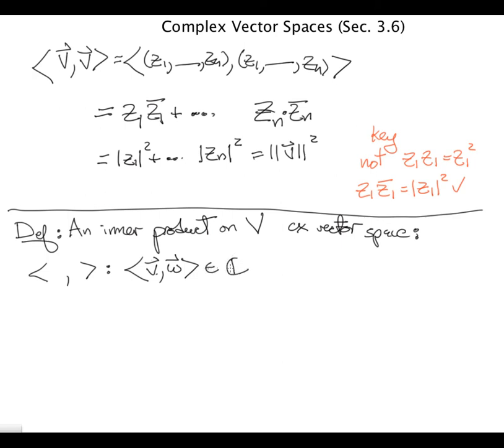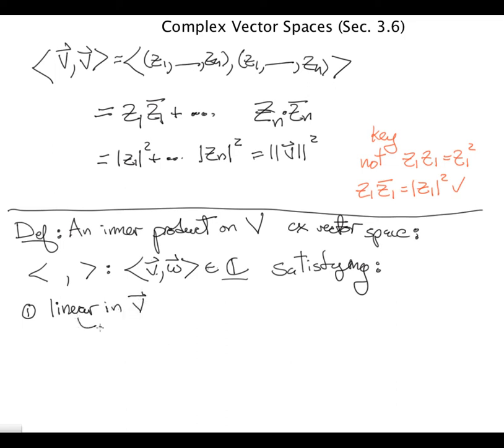And what properties does it satisfy? So it's a map which takes two vectors and from them gives you a complex number, not a real number. Satisfying what conditions? Well, the first one is that it's linear in v.